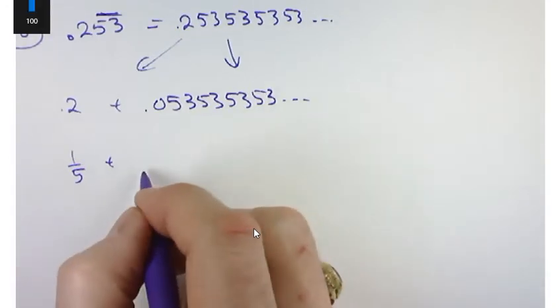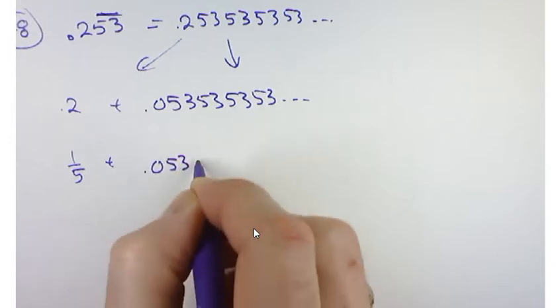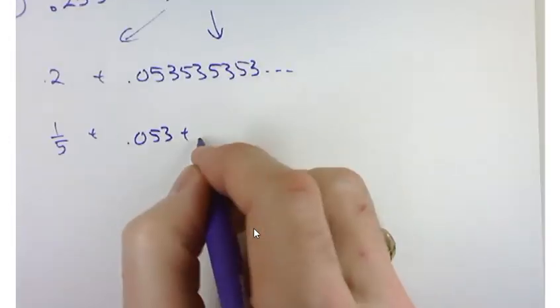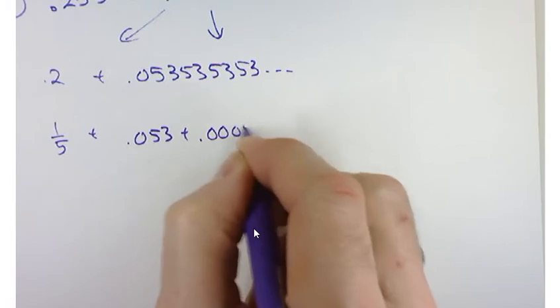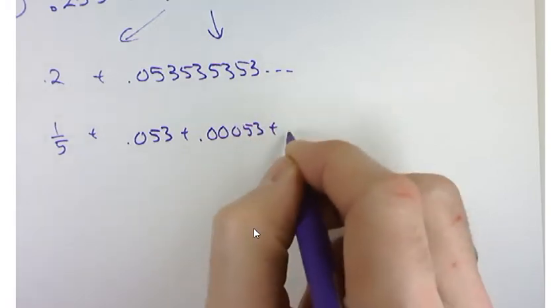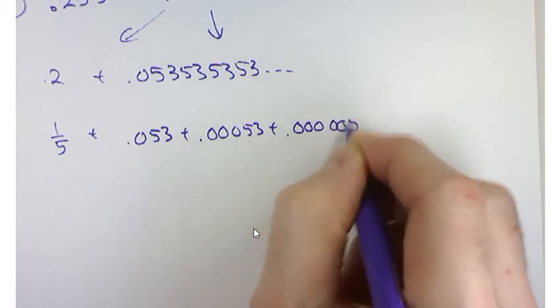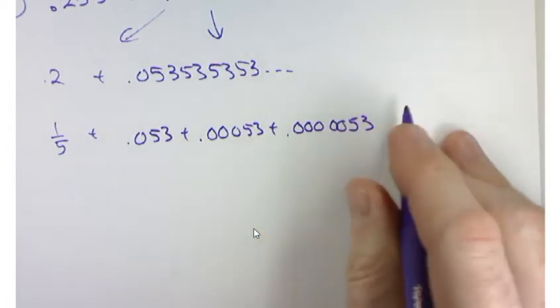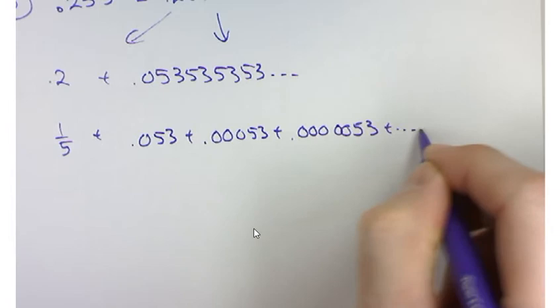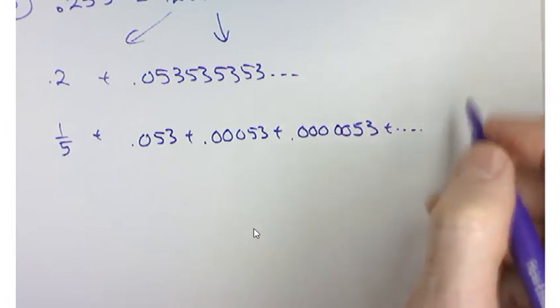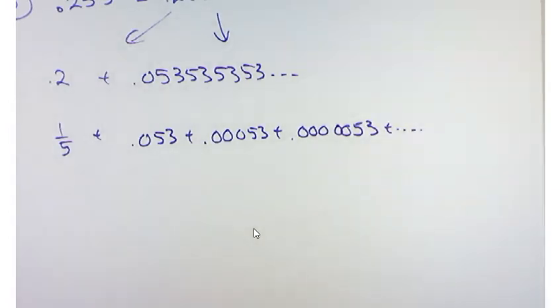I'm going to think of this as 0.053 plus 0.00053 plus 0.0000053, etc.